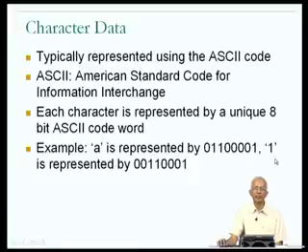Similarly, the character 1, in other words, not the number 1, but the character 1, is represented by the ASCII code 0011 0001. Similarly, for any character that you may want to include as data or in a program, there is a corresponding ASCII code. And therefore, the ASCII code table could be referred to find out what the different code words for the different characters are.